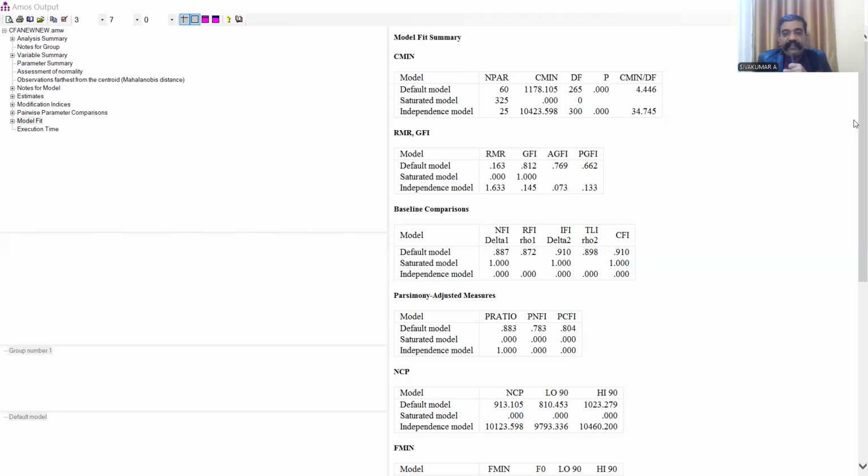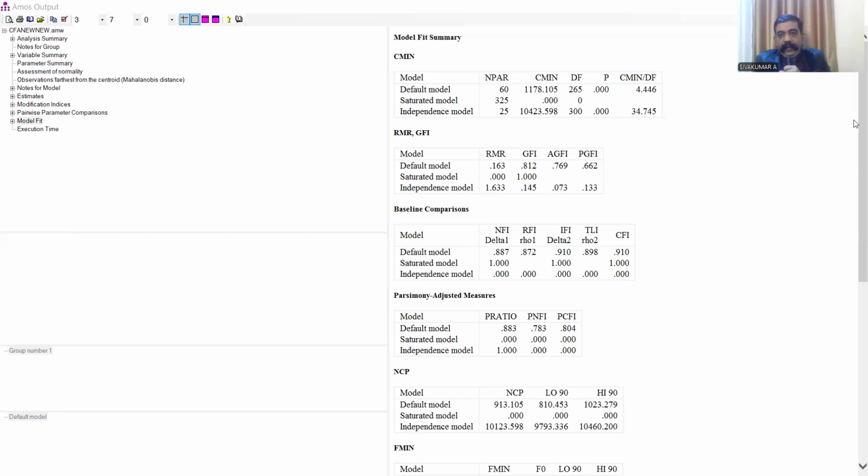Next, the heading absolute fit indices. In absolute fit indices, you have to note the chi-square value, chi-square divided by degree of freedom, then the p-value. What is meant by absolute fit indices? Absolute fit indices show how well the model reproduces the observed data without comparison to another model.